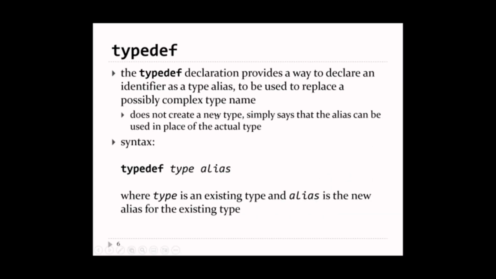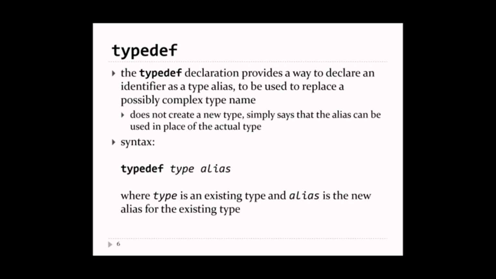Okay, so before I talk about structures, I want to talk about this thing called typedef. So a typedef declaration lets you make up a new name that corresponds to an existing type. Right? So it provides a way to declare what's called an alias that can be used to replace a possibly complex type name.